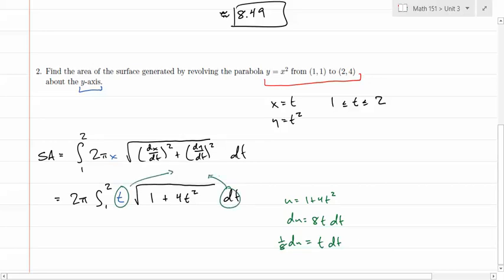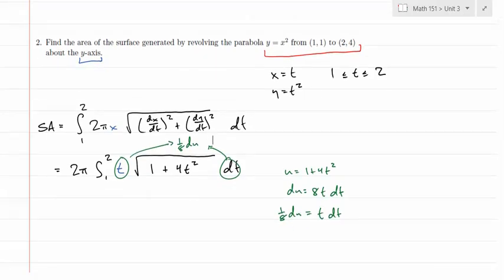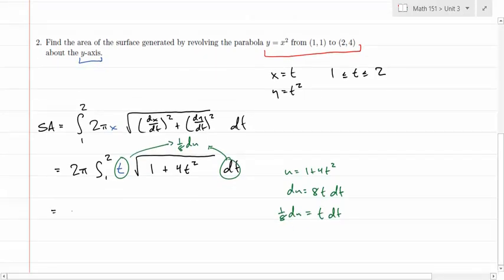So you've got a 2 pi, a square root of u in there, and then a 1/8 du for the t dt.